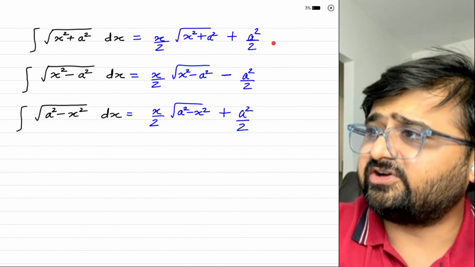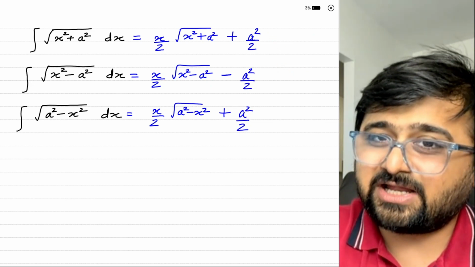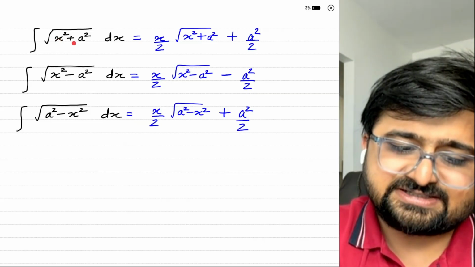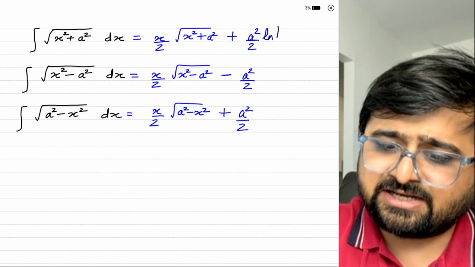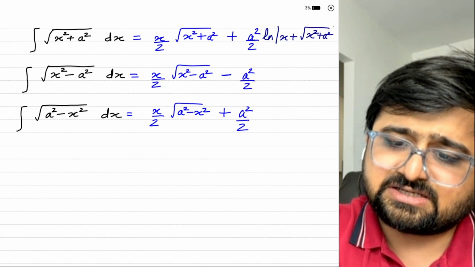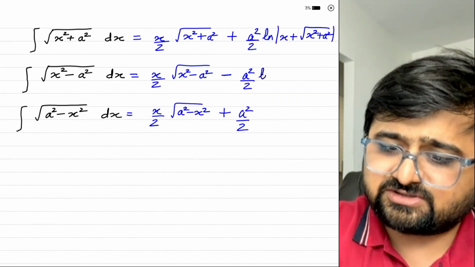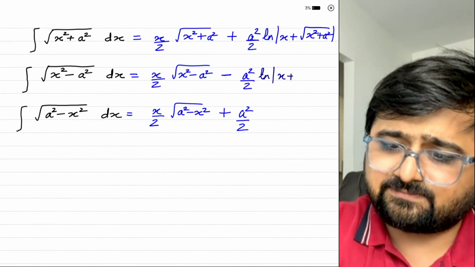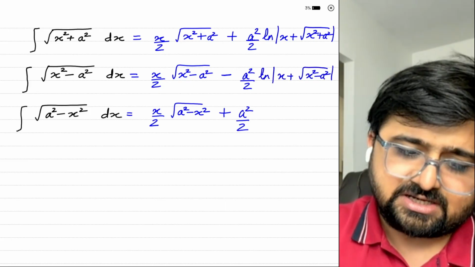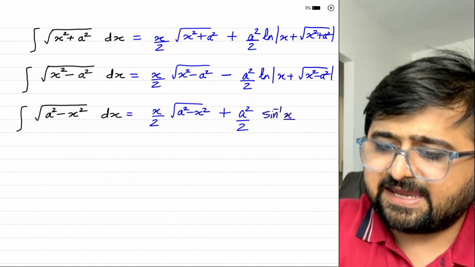And we have some function which will get multiplied over here. Now, what function will get multiplied is really the integral of the reciprocal of this. So the integral of the reciprocal of this was ln x plus square root of x square plus a square. I hope that makes sense. Now, integral of the reciprocal of this was ln x plus square root of x square minus a square, and integral of the reciprocal of this was sine inverse x by a.